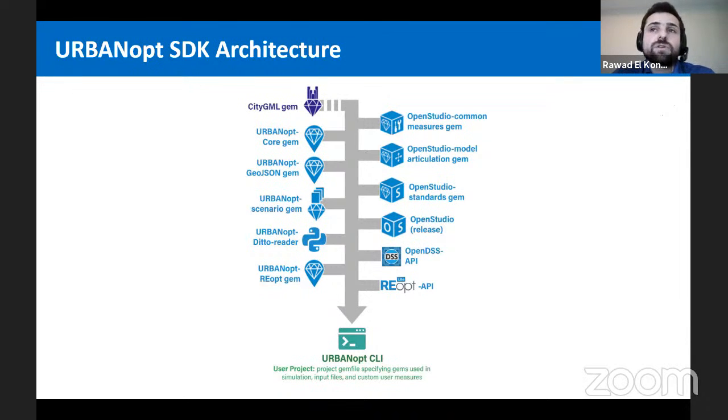For example, we have a module that takes care of creating the building geometry, defining the envelopes, or taking into account the auto zoning of the building and the shading surfaces from the surroundings. Another module can be focused on detailing HVAC systems, for example, and another module for modeling the PV systems and distributed resources.